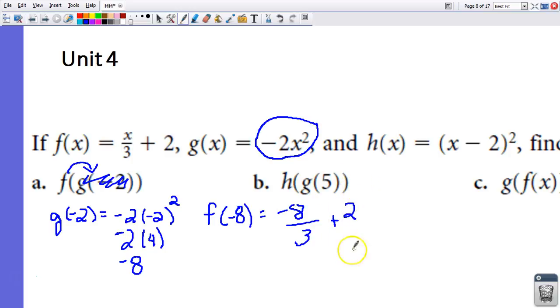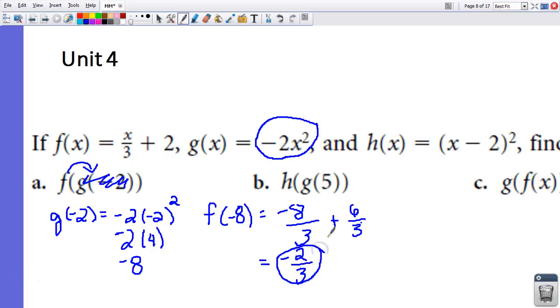But it's a fraction, so I need to change 2 to have a denominator of 3. So if I multiply it by 3 over 3, I get 6 over 3, which makes sense because 6 divided by 3 is just 2, right? So then I end up with my final answer, which is -2 thirds.